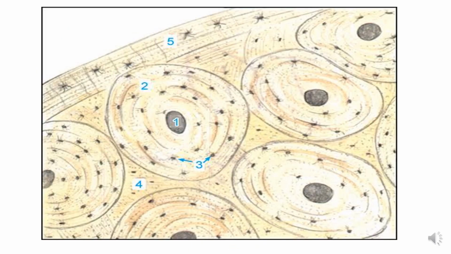So here, this is the Haversian canal. You can see the concentric lamellae surrounding it. In between the concentric lamellae you have spaces called lacunae. Each lacuna is filled with an osteocyte. Each osteocyte has cytoplasmic processes, and the cytoplasmic processes of the adjacent osteocytes communicate with each other.